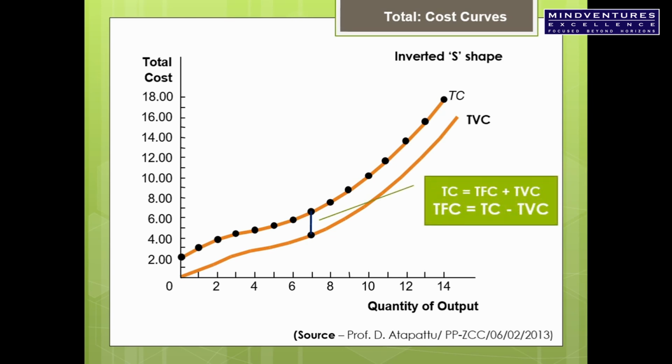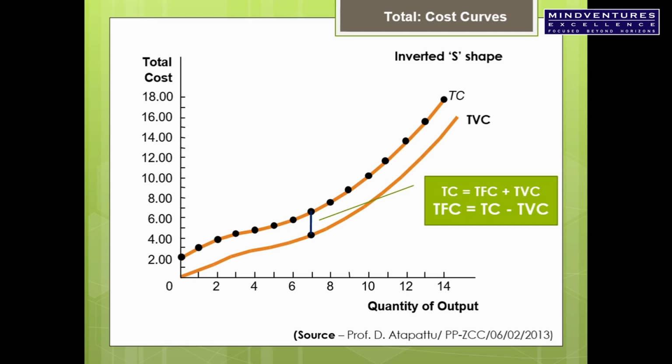Now the formula illustrated here makes it very clear. Total cost is a combination of total fixed cost and total variable cost. Therefore, total fixed cost is total cost minus total variable cost.